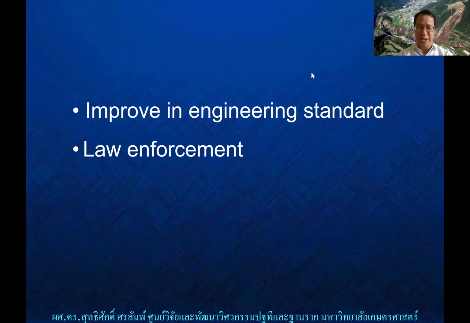If it's high risk, we should put it at a very high standard, and otherwise the standard will follow the risk of loss of human life. And you cannot have only the engineering standard, but you need proper law enforcement in order to make people follow the standard. This is a very sensitive issue.